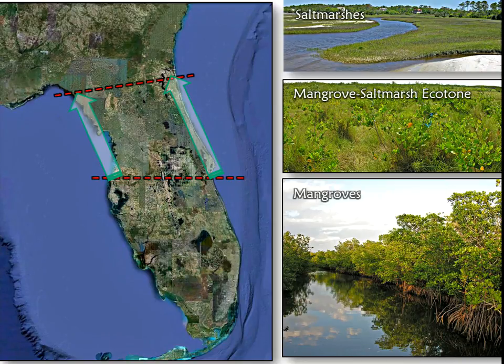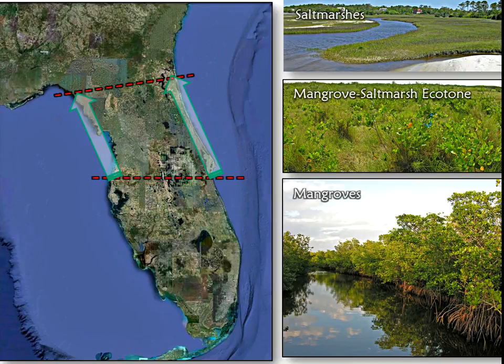It's the transition from pure mangroves in the south, like here, to pure salt marshes in the north. We have that transition zone, or an ecotone. So it's an ecotone between the tropical systems to the south and the temperate systems to the north. So as climate is changing, this ecotone is shifting.